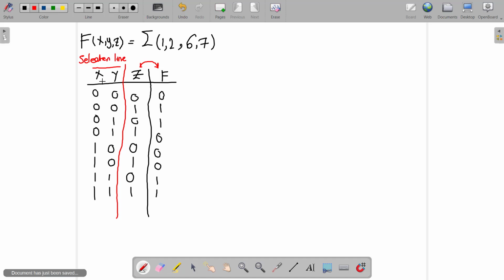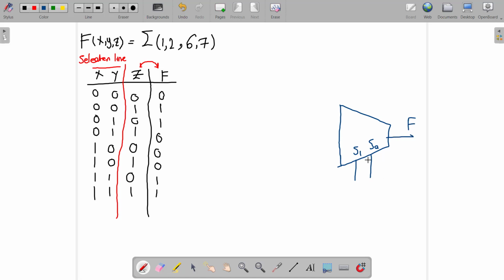Okay, because we have two selection lines, I draw the multiplexer with S0, S1, and this is the output.